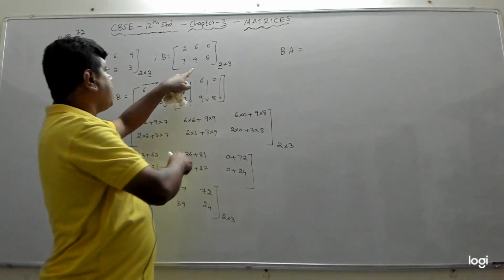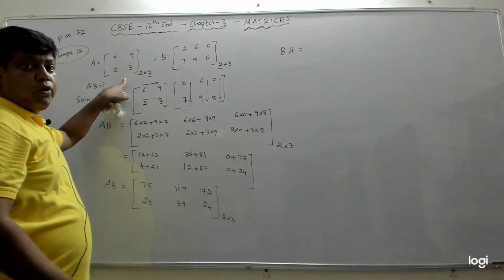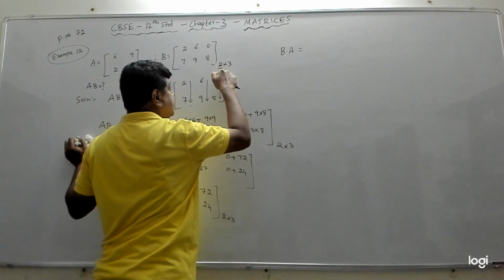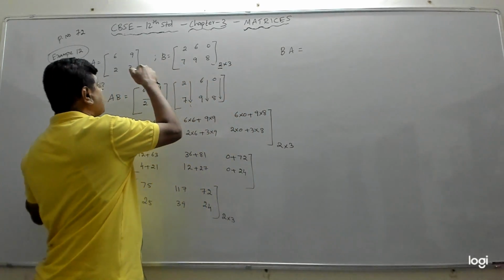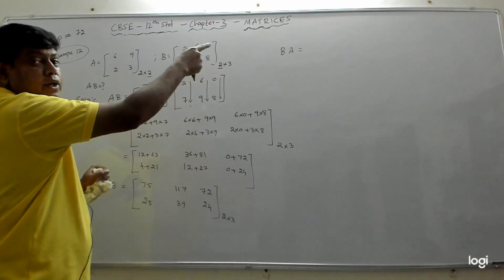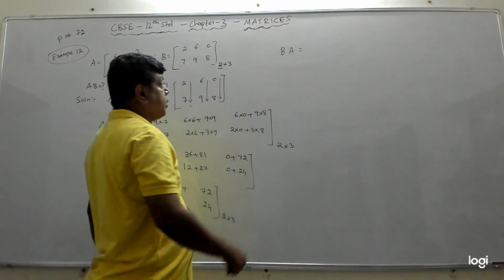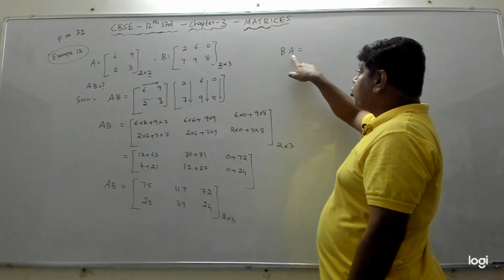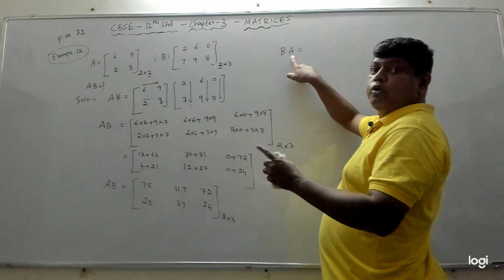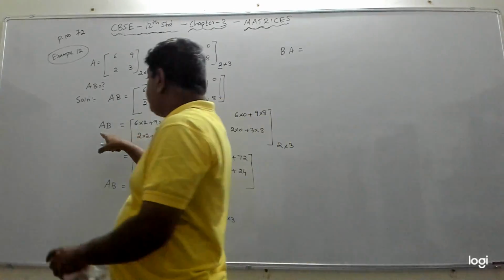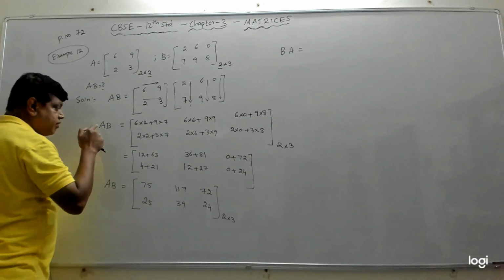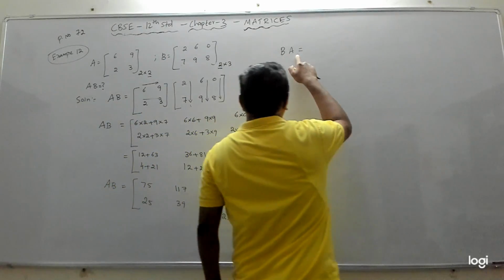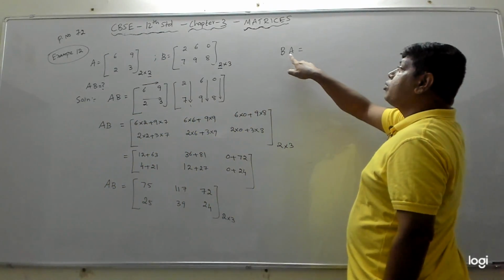To perform B into A, we have to check whether the number of columns of the first matrix, which is B, matches the number of rows of A. To do A into B, the number of columns of A should be equal to the number of rows of B. To do B into A, the number of columns of B should be equal to the number of rows of A.